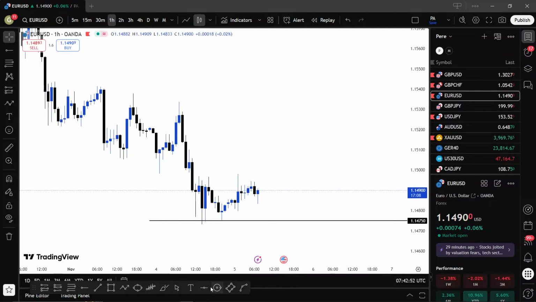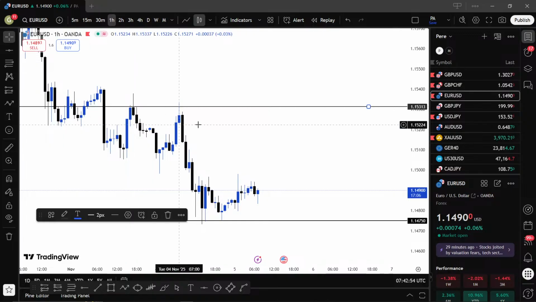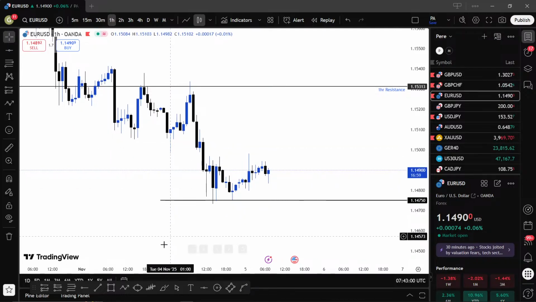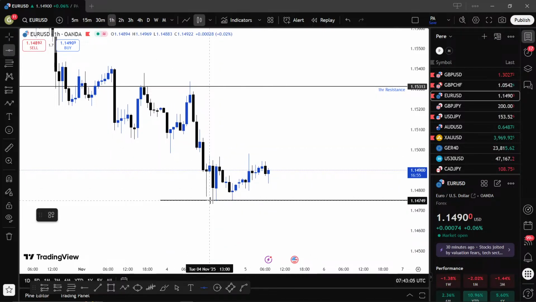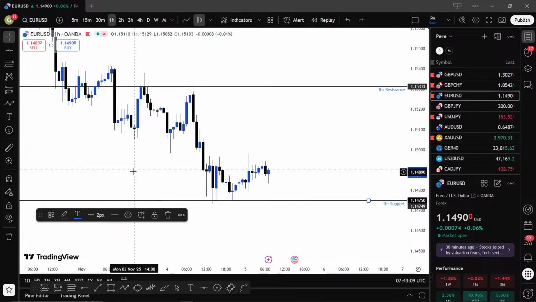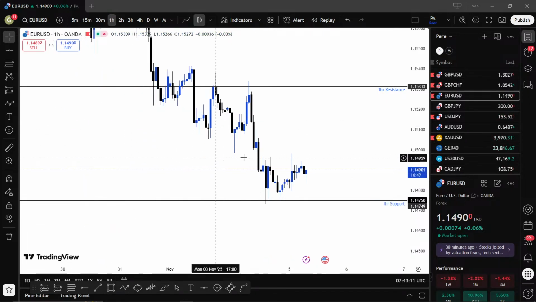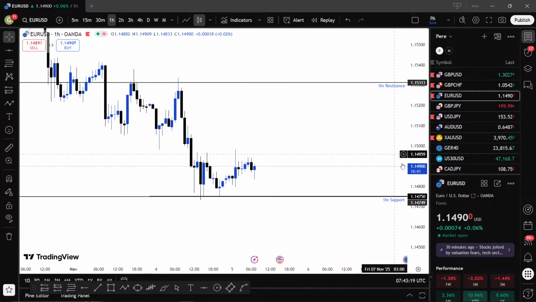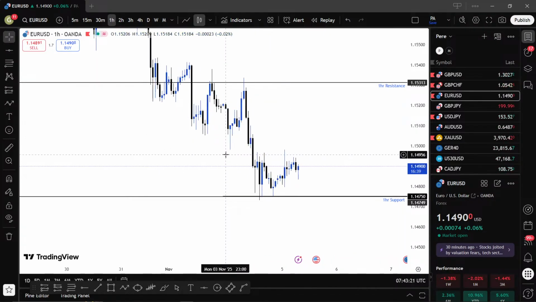For example, here is a 1 hour resistance right here, and here is a 1 hour support. Now let's not forget that we also have a mini support here that it's already broken. However, with the way this market is looking, we only have one option to trade in this market.